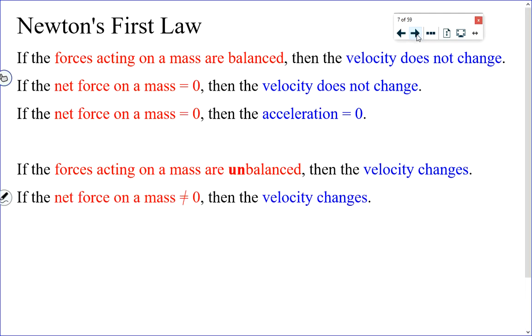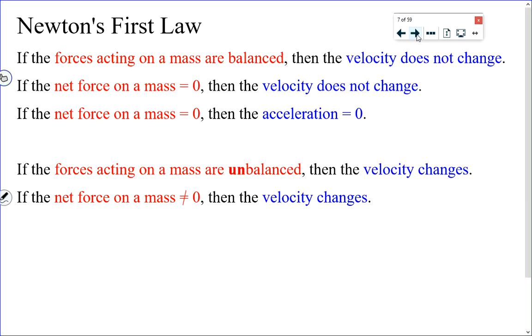Well, we've already established that when the forces are balanced, we can say the net force is 0, and that means when the forces acting on a mass are not balanced, the net force is not 0. And whenever students see that not equal to 0 thing, my recommendation is to think about what that means. If I say the net force acting on the mass is not 0, it's telling you it's some other number.